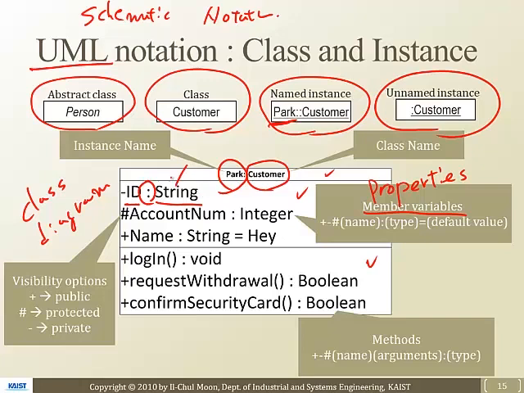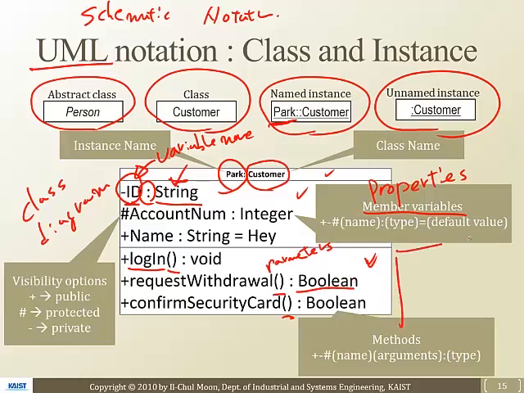After the colon, you specify the type, and this is the variable name. In the third box of this class diagram, we have functions. We have the function name here, and this parenthesis is the place where you can insert some parameters, and we have some return values.